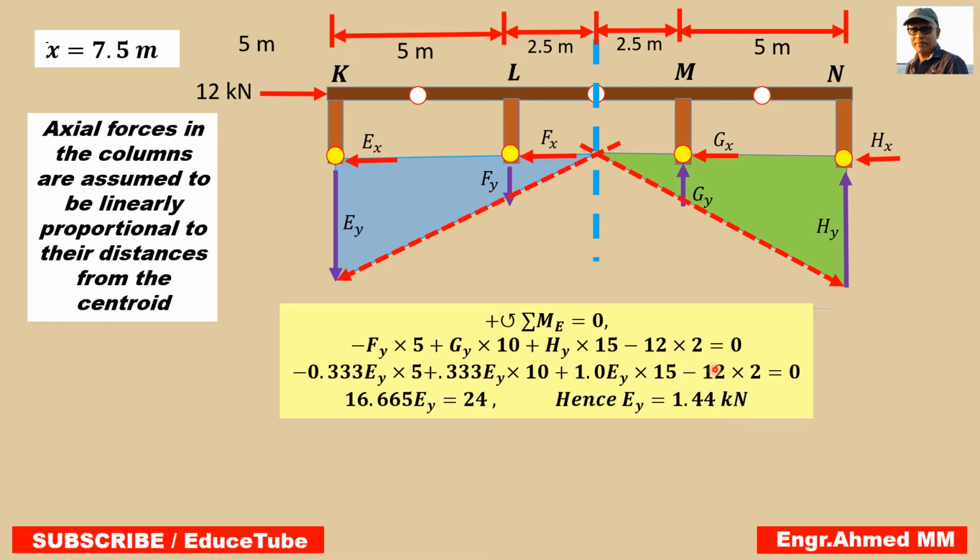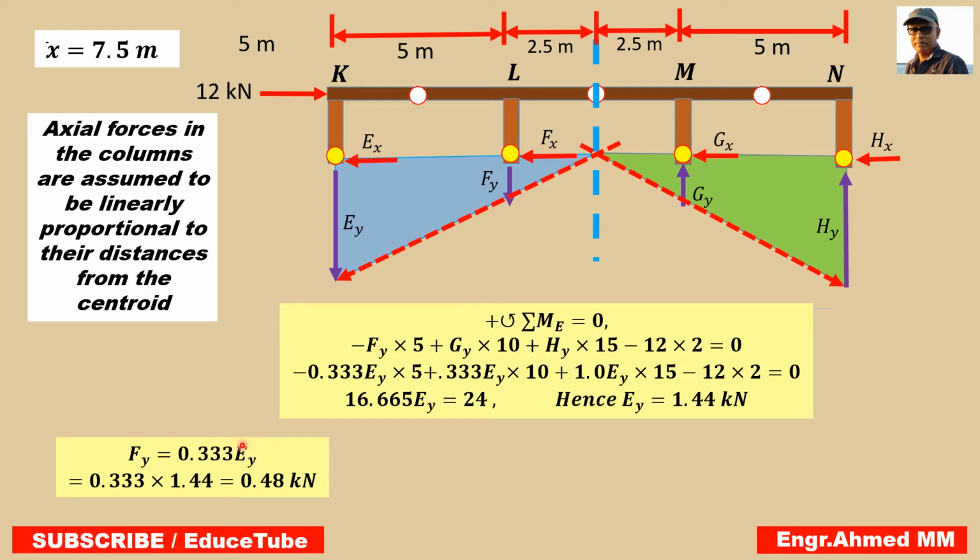So minus 12 into 2. Solving this, we find Ey equal to 1.44 kilonewton. That was our target, because once we get this, we can easily find Fy, Gy, Hy.